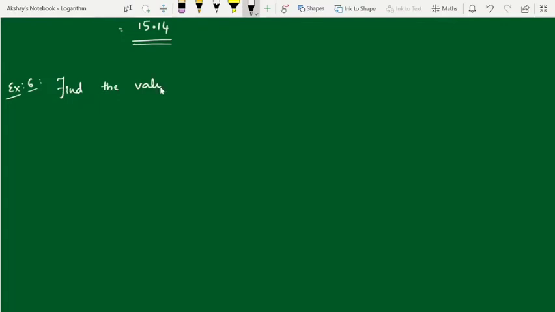Find the value of 3467 e power 2 using the table. Solve it on your own, and type the answers in the comment box. So all the best.